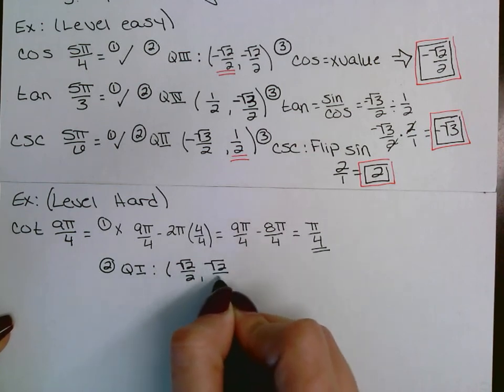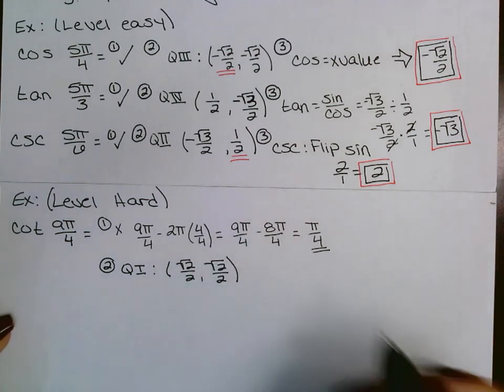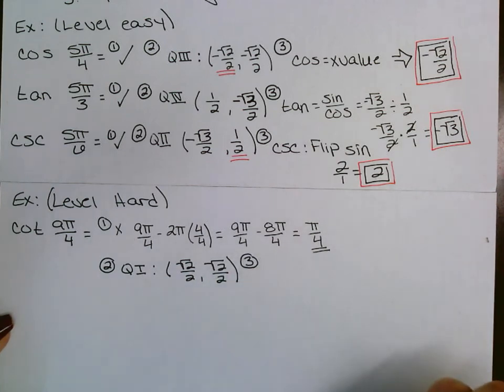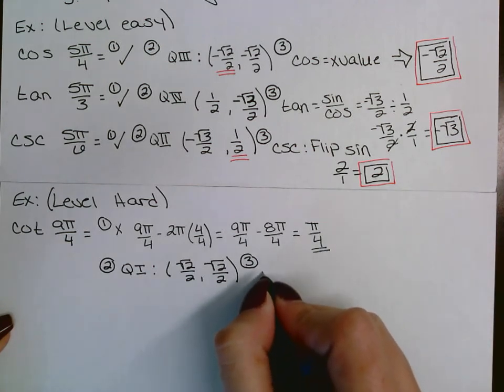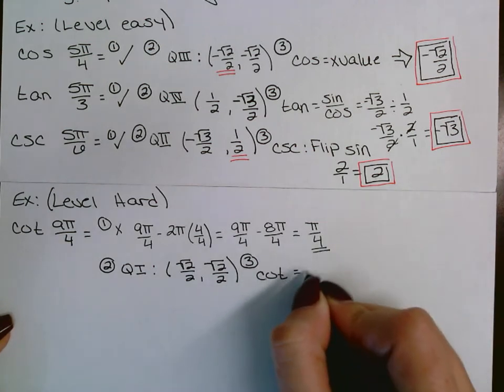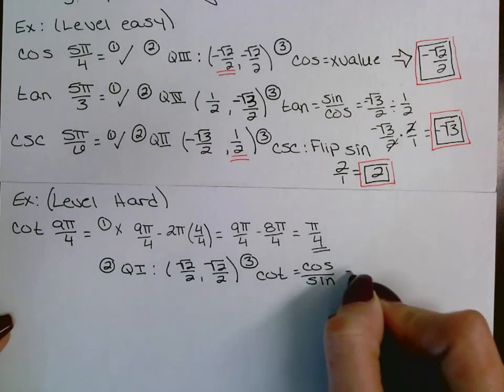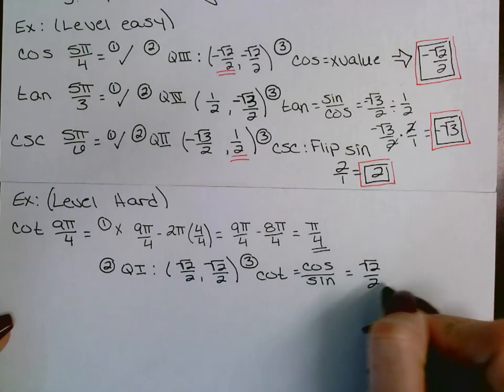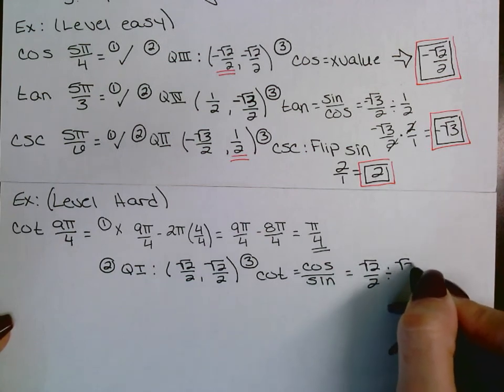Good. Both positive, radical 2 over 2. Okay? And then we take step 3. What is my rule for cotangent? Right. So, radical 2 over 2 divided by radical 2 over 2.